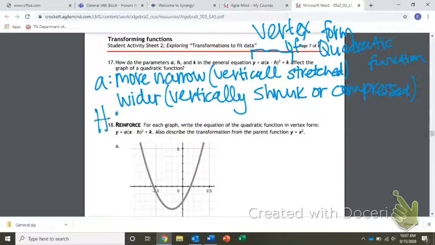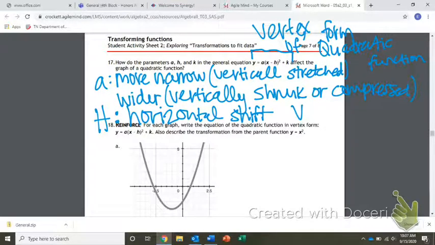H is our horizontal shift. And back up. K is our vertical shift. So K works the same way as C did in number 10, okay?